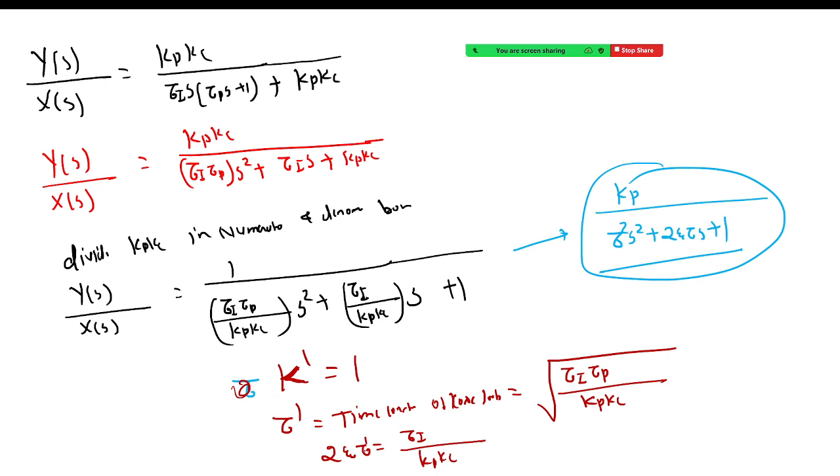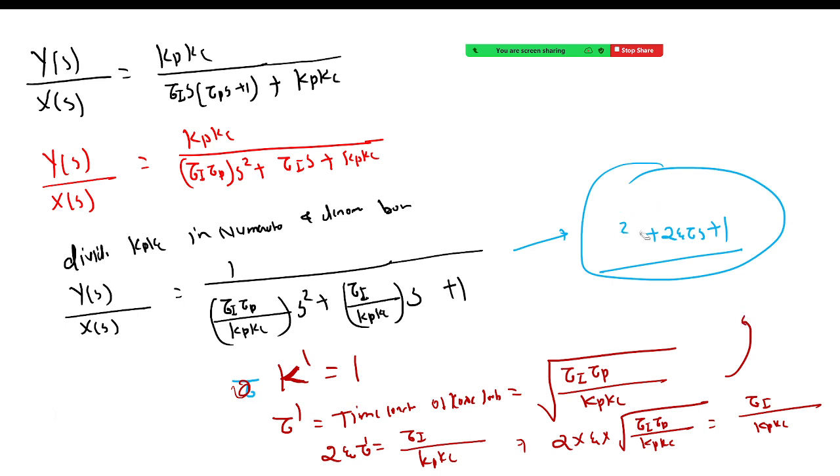Since we got the value of tau dash, I can substitute here. So 2 into zeta into root over tau I tau p divided by Kp Kc is equal to tau I divided by Kp Kc. Once it gets cancelled out and again it gets cancelled out, you will get tau I tau p here, and this one is your tau I. So what will be the value of zeta?